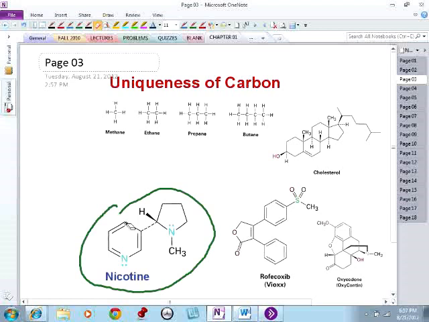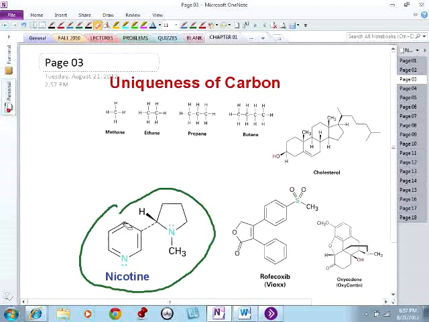Of course, this carbon right here, what is this here? Carbon. Here? Nitrogen, exactly. So you can see here, carbon is capable of forming multiple bonds to itself. Not only is carbon capable of forming a single bond to itself, it is also capable of forming a double bond or a triple bond to itself.